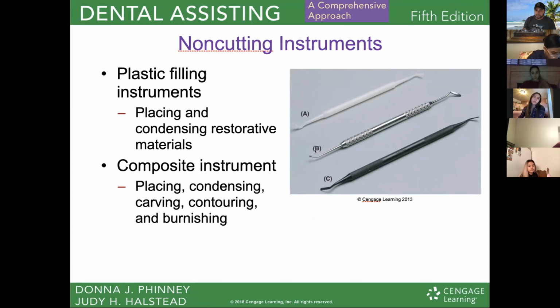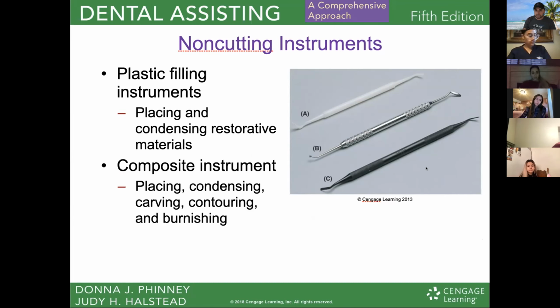So for example, this B instrument here, the very tip of this is a plastic filling instrument, not because it's made of plastic, because it's obviously stainless steel, but we'll use it to manipulate plastic materials like composites.